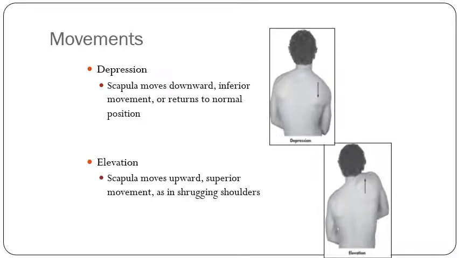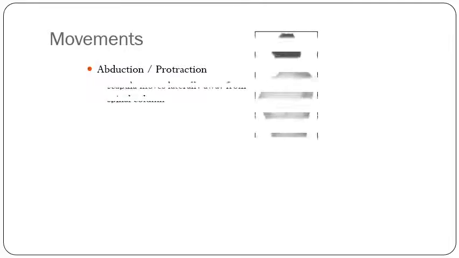You have scapular elevation. That's when the scapula moves upward or superior, or shrugs the shoulders. So you see in each one of these pictures, we'll go through all the movements and you'll get to see what they actually physically look like by looking at the illustrations. You have the movement of abduction, or abduction and protraction.